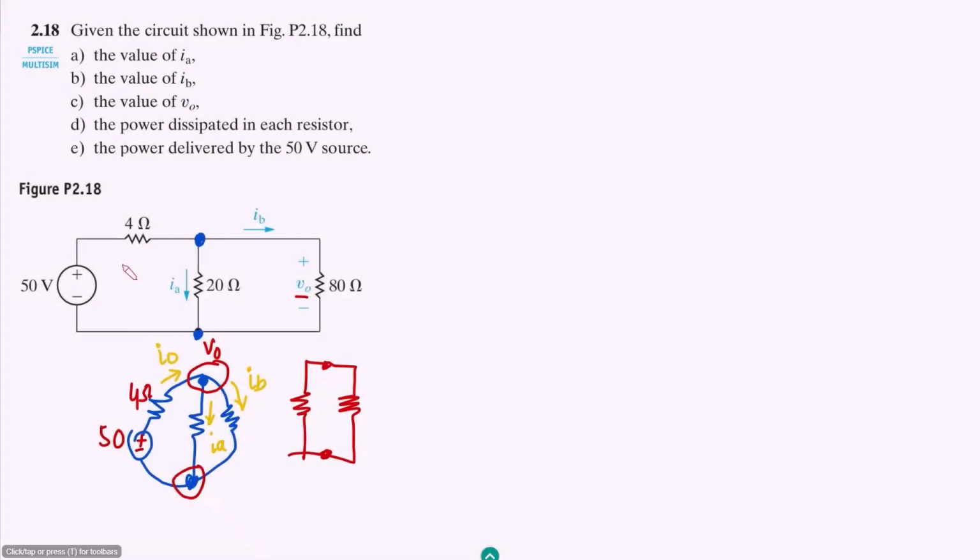So let me call this voltage, the polarity of it will be plus minus. Why? Because this is the voltage dissipating device, and the current here is I0, and the voltage, let me call it V4. So this is the overall data we have.